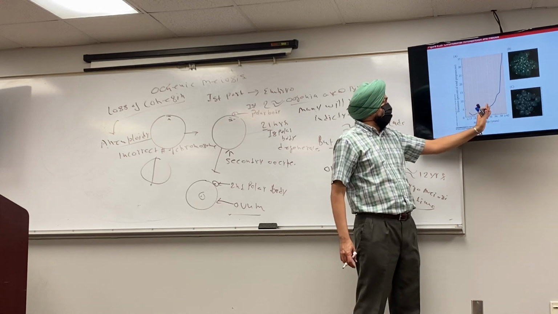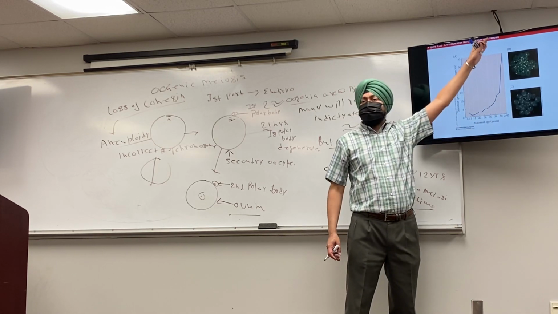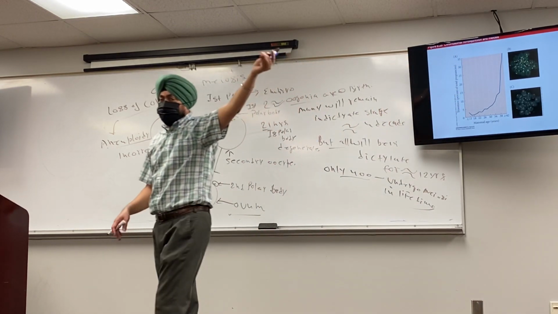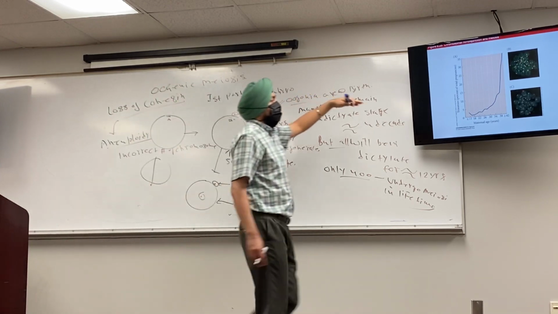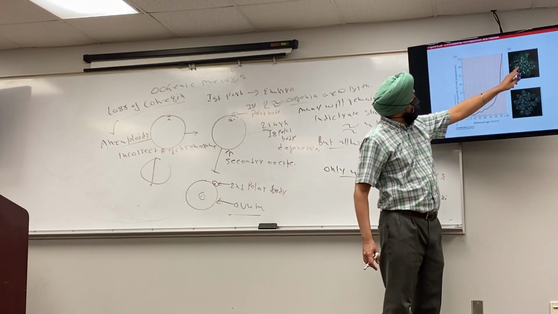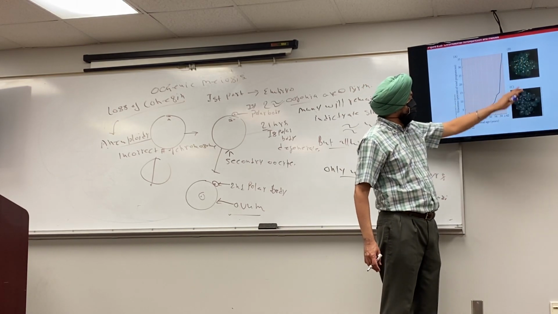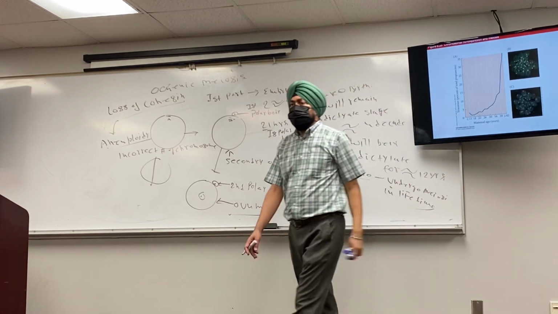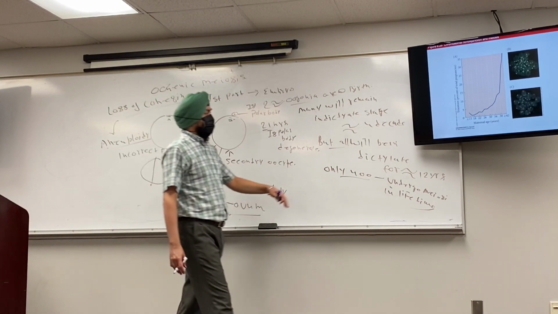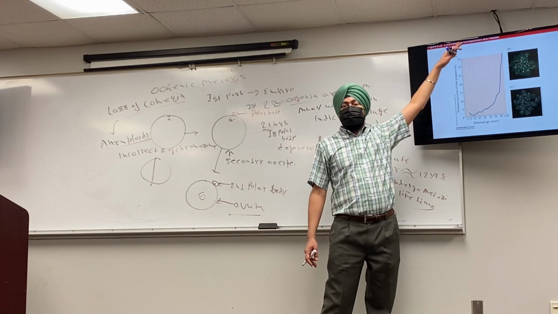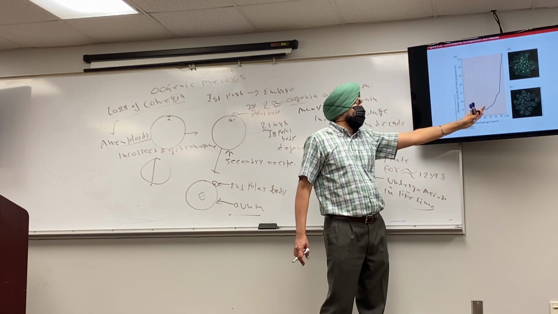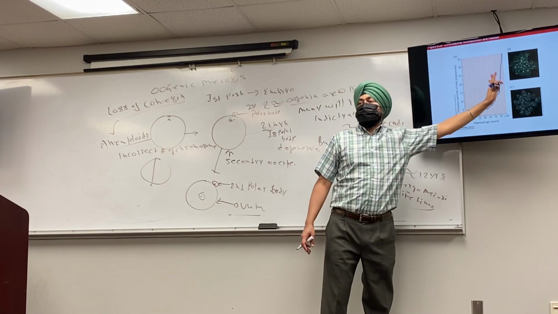But after 30, you can see there's an exponential increase in the chances of trisomy. That's the bad thing about having those cells arrested in this stage for such a long time. Here you can see all this green, that is the cohesion, and here all the cohesion is going down. So that leads to aneuploidy. By 40 there is almost a 35% chance of having trisomy in newborn babies. So that's why a few people suggest it's better to become a mom early so that these chances are not there.